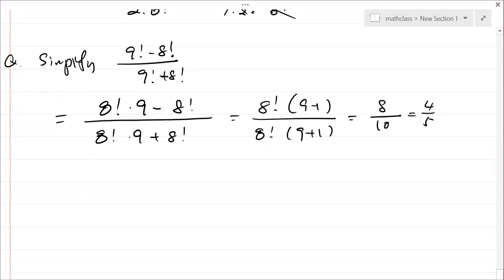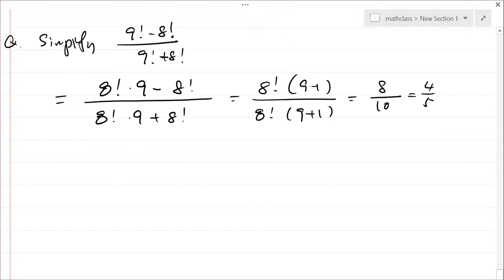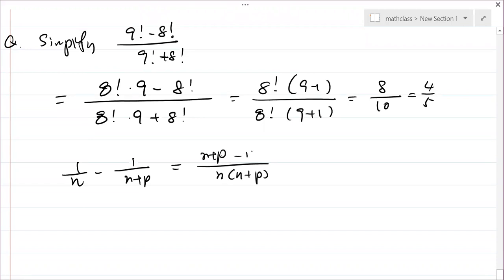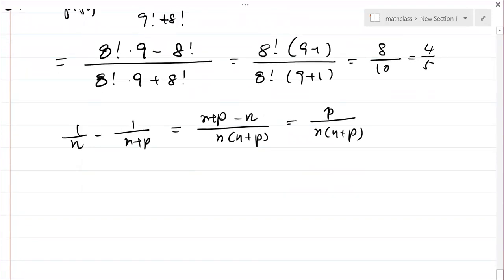Now let me talk about another important formula. If you try to combine those two together, what do you do? n times (n plus p), then (n plus p) minus n. So the numerator is p, over n times (n plus p).